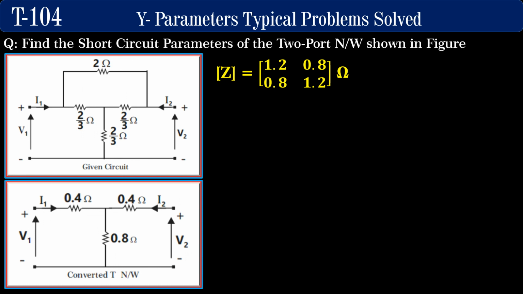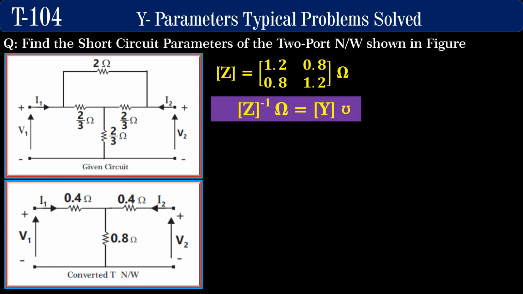Friends, the given circuit and the obtained reduced T network and the Z parameter matrix obtained are represented here. We know that inverse of a Z matrix in ohm is equal to Y matrix in mho.